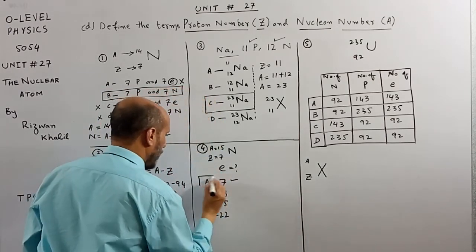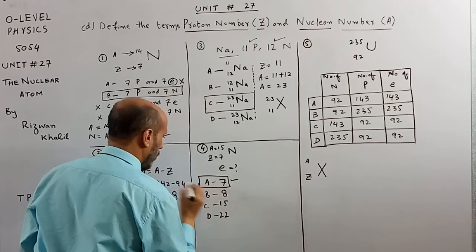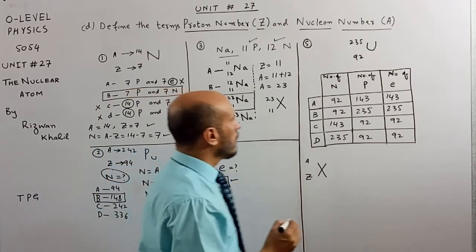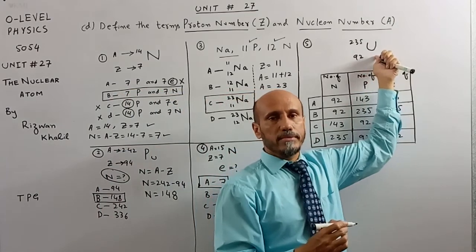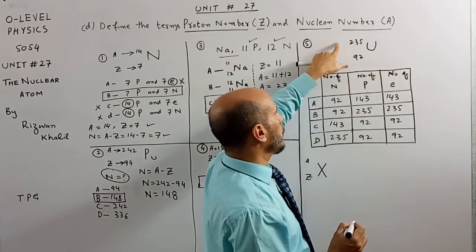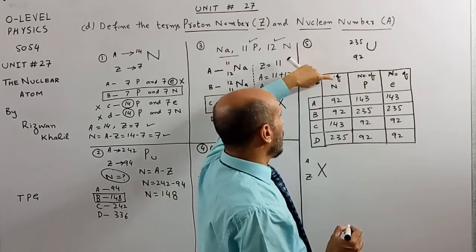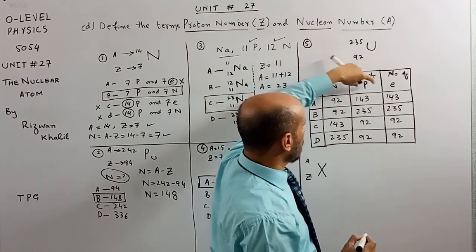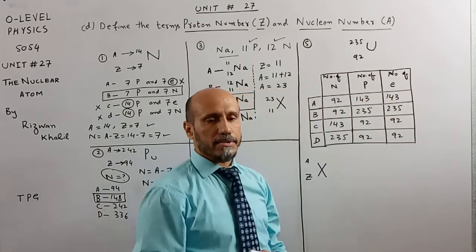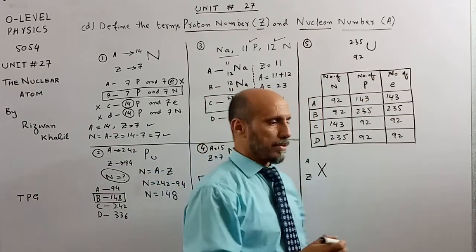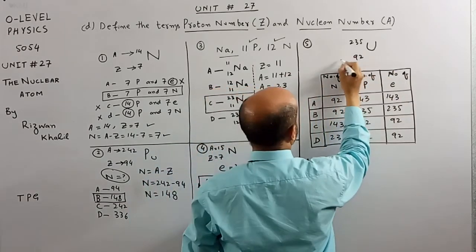Now we will proceed to the last example of this learning outcome. An element of uranium, 92 and 235, is given, and it is being asked which option is correct for the number of neutrons, protons and electrons.